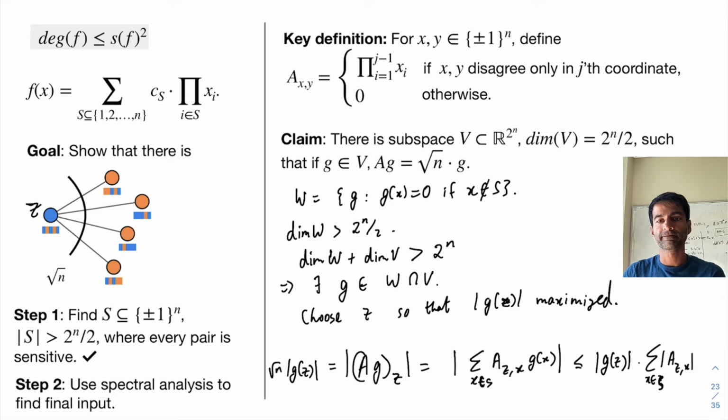Okay. And now you see that we are done, because this number here, the sum over x in S of A(Z, x), has to be at least square root n. And that means there must be square root n inputs x that are adjacent to Z that are sensitive.